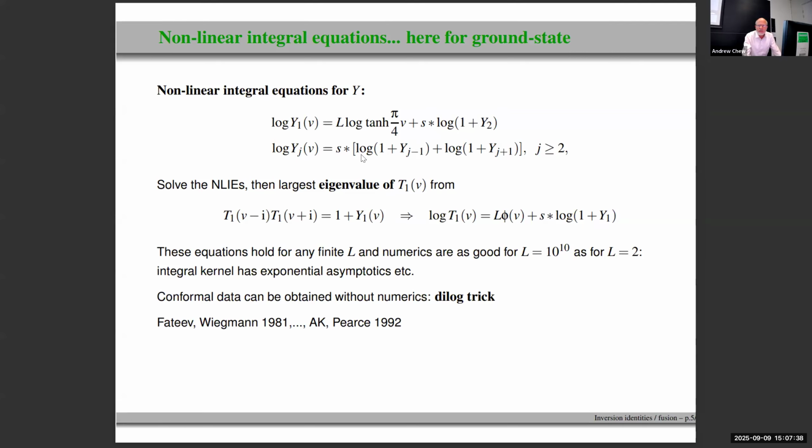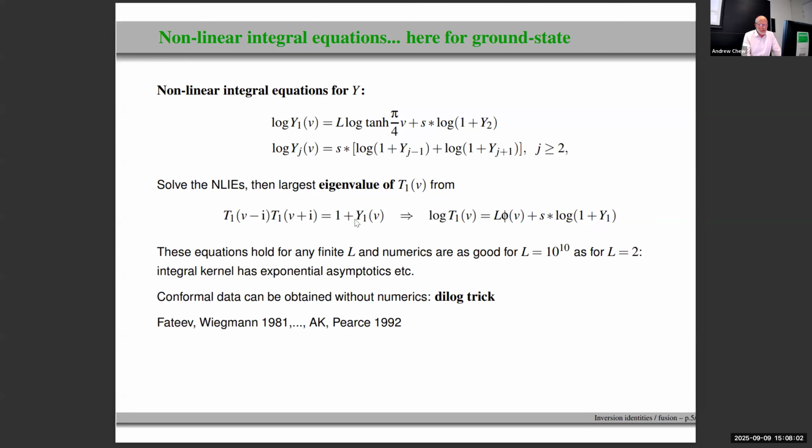It's an infinite hierarchy. For the Q-deformed RSOS models, this hierarchy truncates naturally at a certain level, and you're dealing with a finite set of integral equations. And once having the solution to these equations analytically or numerically, you remember the definition of the y functions.